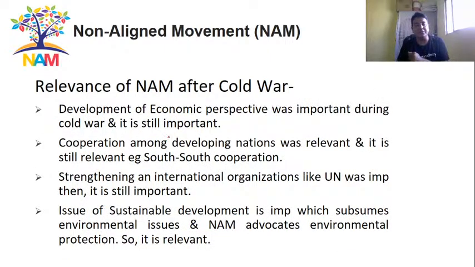Next, development of economic perspective was important during the Cold War, and it is still important. Means economic development was an important aspect of NAM during the Cold War. And don't you think economic development is still an important topic for the world? Yes, it is.